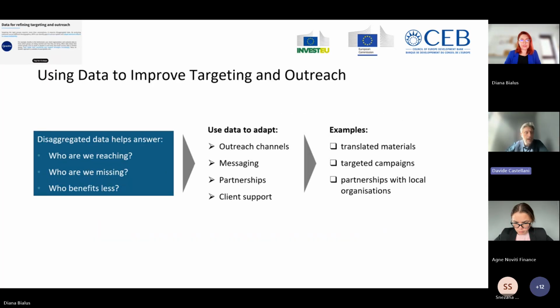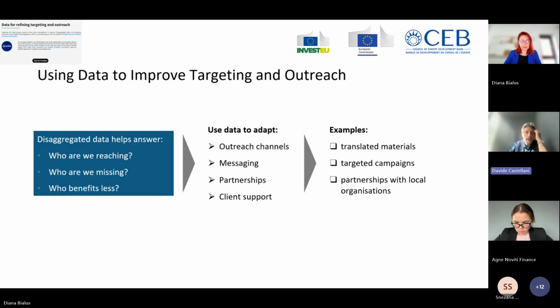So the next one is about improving targeting and outreach. This is about the fact that targeting the right groups requires more than assumptions. So it requires disaggregating the data properly and analyzing the data by different demographics.